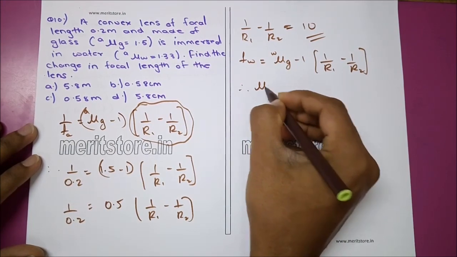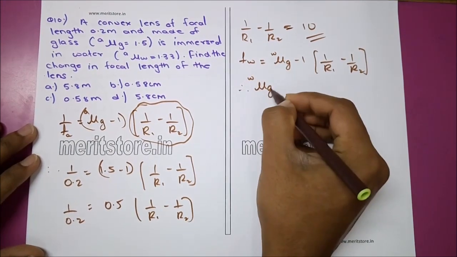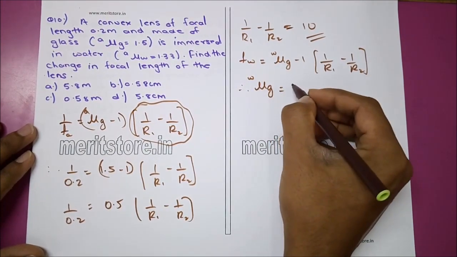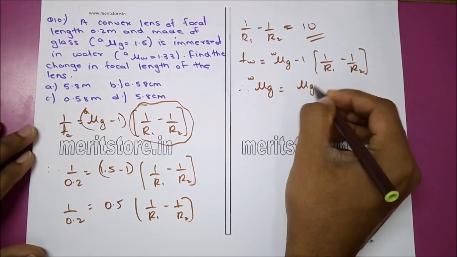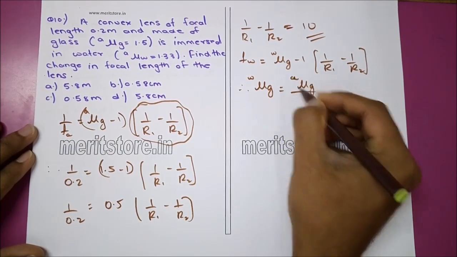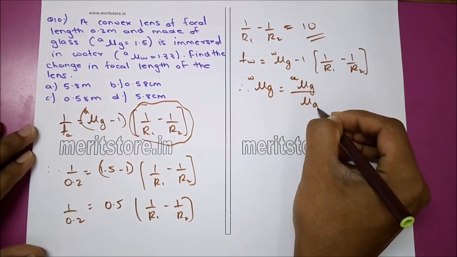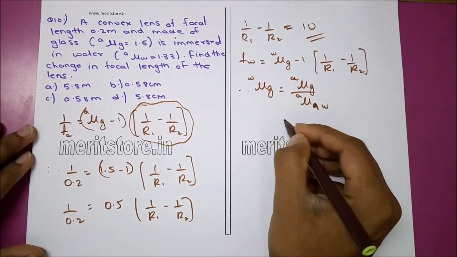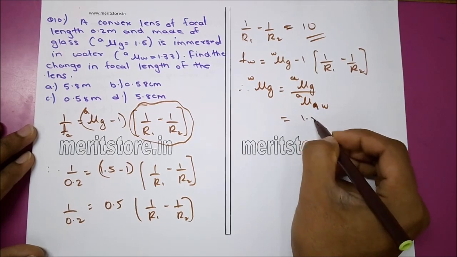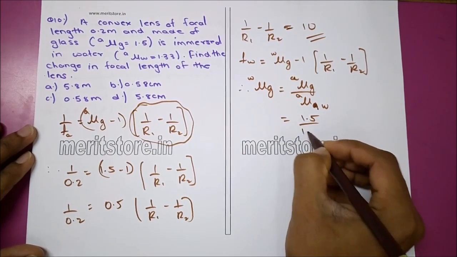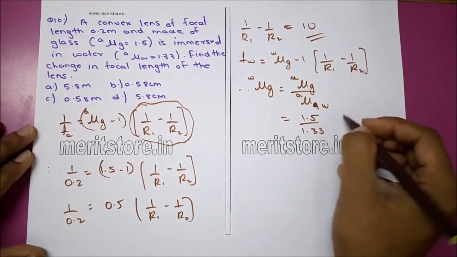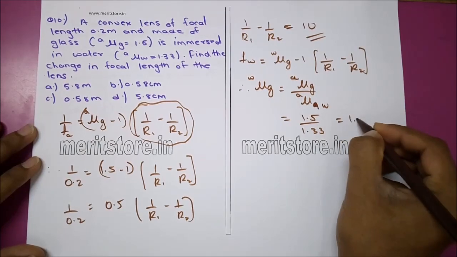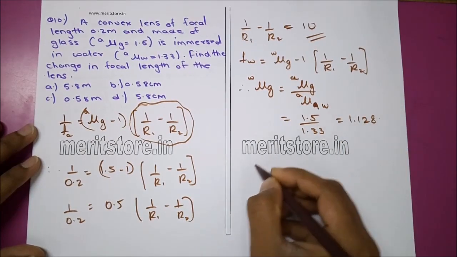So therefore, mu of glass with respect to water can be given as mu of glass with respect to air upon mu of water with respect to air. So this is 1.5 upon 1.33. So the value comes out as 1.128.